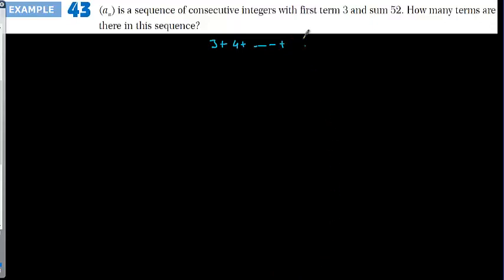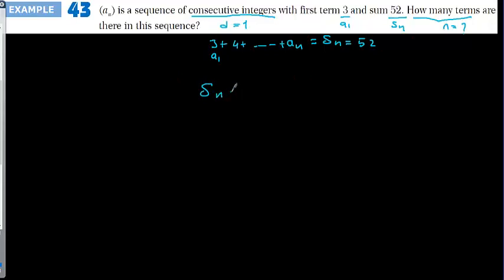Let's say 3 is A1 and the last is An, and the result is Sn, which is equal to 52. The common difference between consecutive integers is D equal to 1. A1 is equal to 3, Sn is equal to 52, and they're asking how many integers there are, so n is equal to question mark.